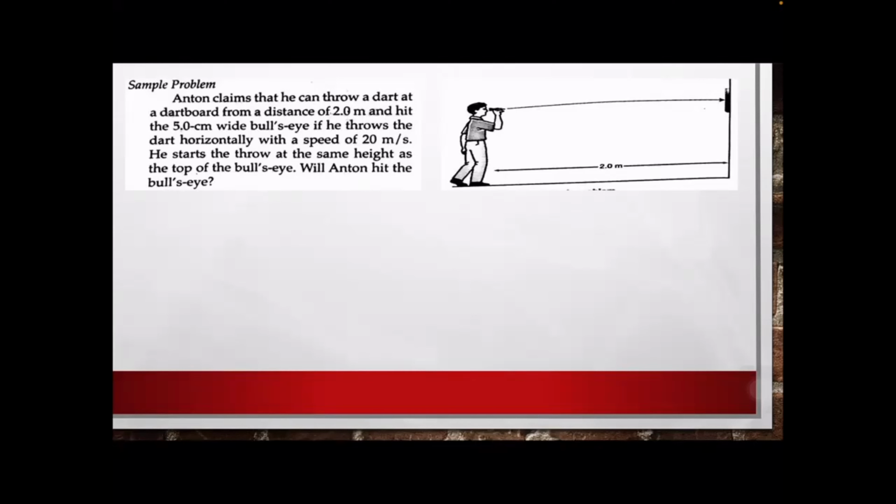ang given natin dito is we will have here the d sub x. The d sub x natin that we'll have here is 2.0 or 2 meters. That is the distance. So, yan.